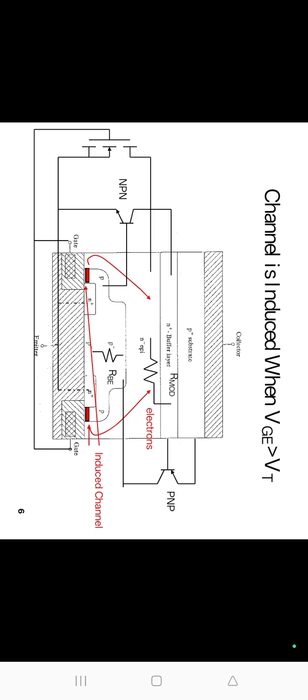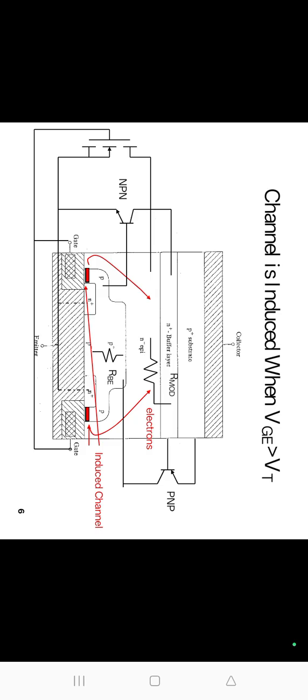This N minus drift region is base of T1 and collector of T2. The holes in the N minus drift region further go to the P type body region, which is connected to the emitter. The electrons from the N plus regions, that means the emitter, pass through the transistor T2 and further into the N minus drift region. Thus holes and electrons are injected in large amounts in N minus drift region.